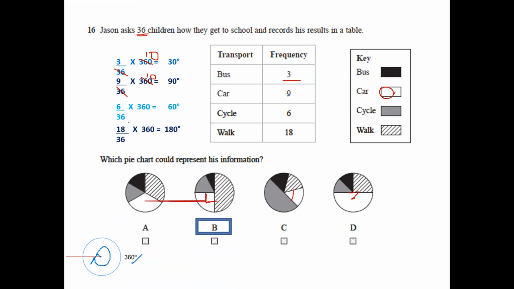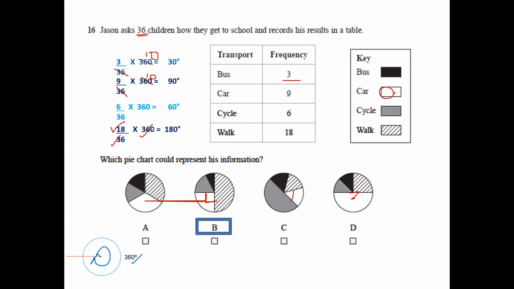So you can do the same calculation for cycle and walk as well. If you do walk also, you can get the same answer. That is, out of 36 children, 18 are walking. If so, in a 360-degree circle, how many degrees are representing the children who are walking?